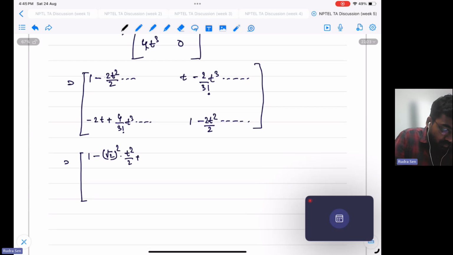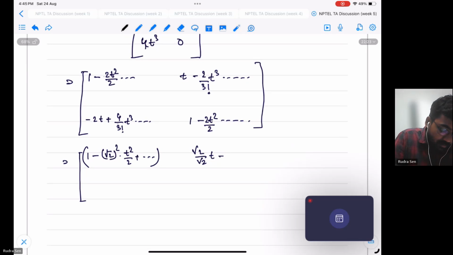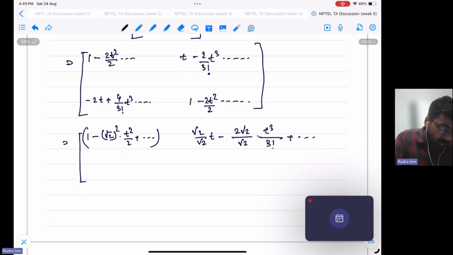So here it would be root 2 by root 2 into t minus root 2 cube, or it's 2 root 2 by root 2 into t cube by factorial 3, plus in that way.